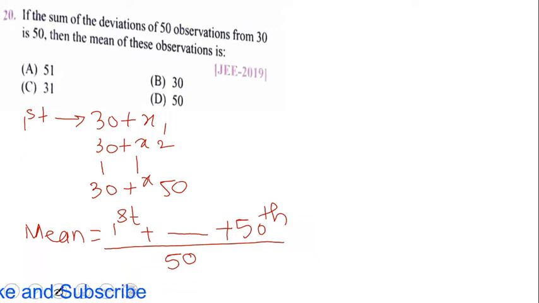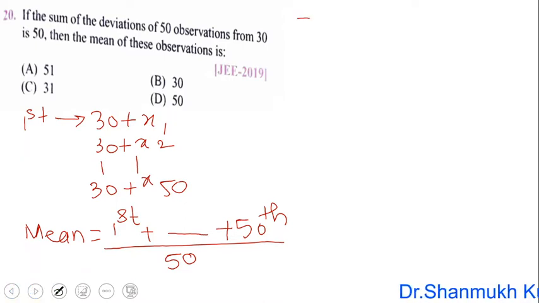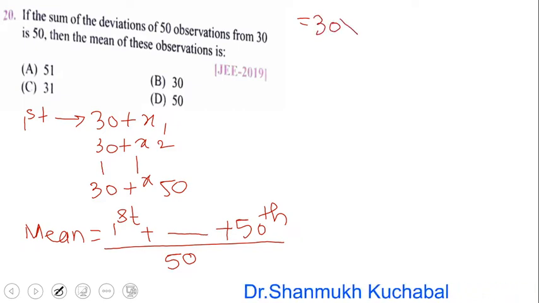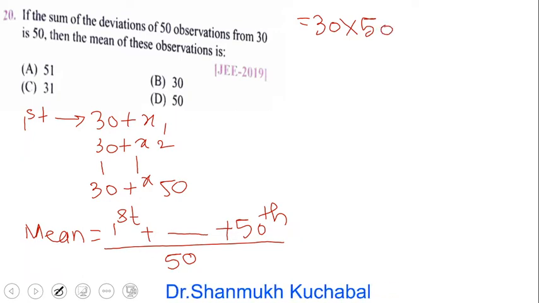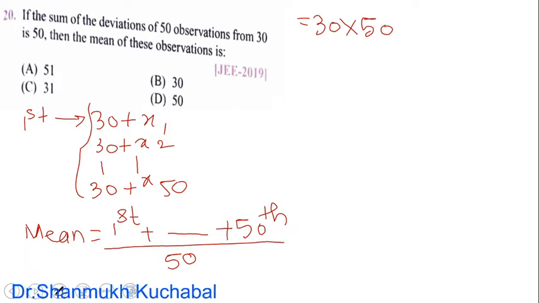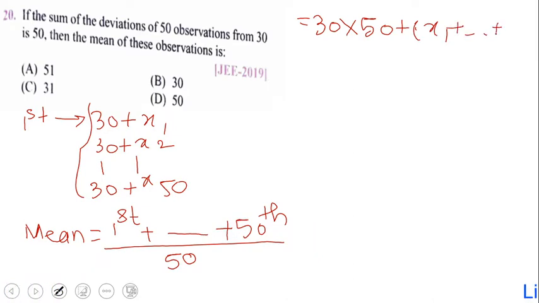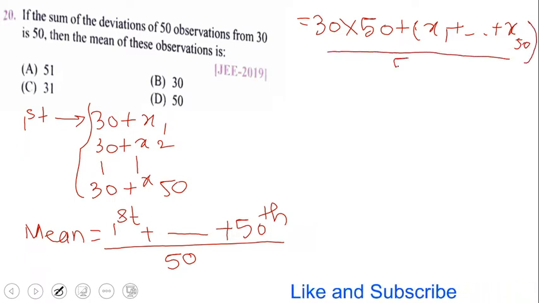We know the first term is 30 plus x1, the second is 30 plus x2, like that. So we get 30 into 50, as 30 is repeated 50 times, plus x1, x2, and so on up to x50, whole divided by 50.